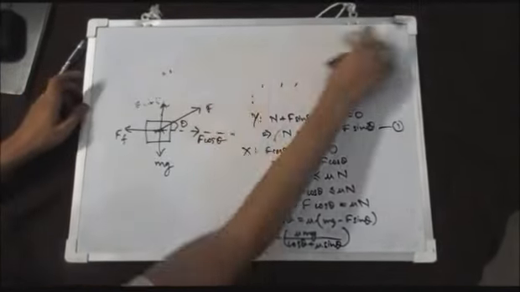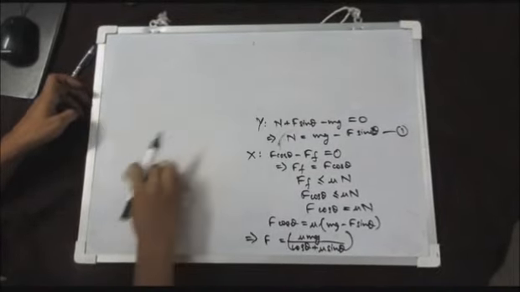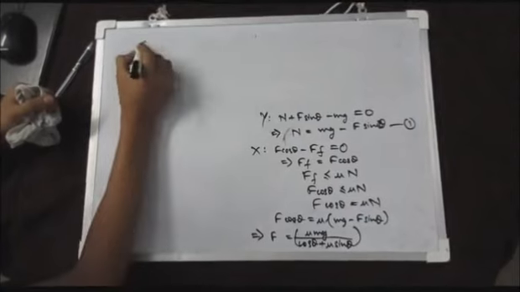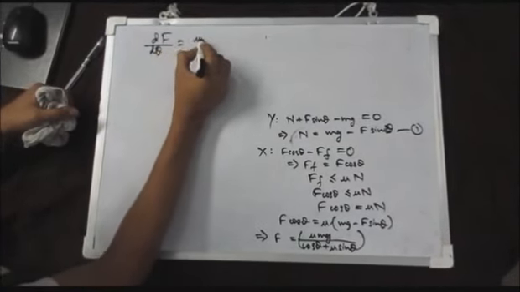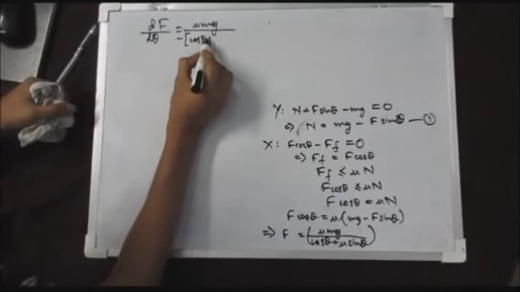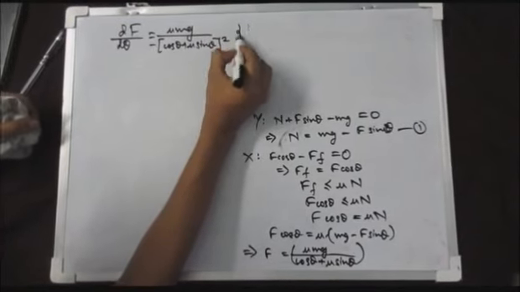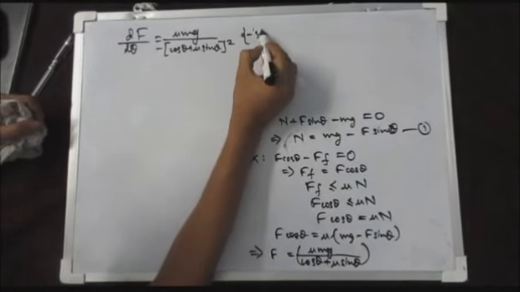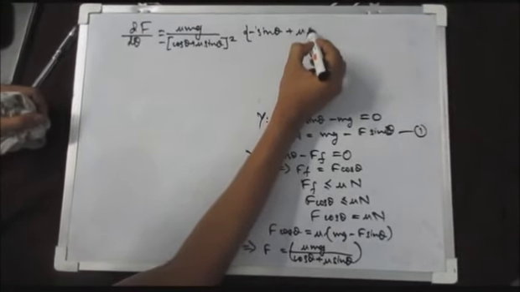So here we go. dF/d theta is mu mg times minus (cos theta plus mu sine theta) squared, times (minus sine theta plus mu cos theta), equaling 0.